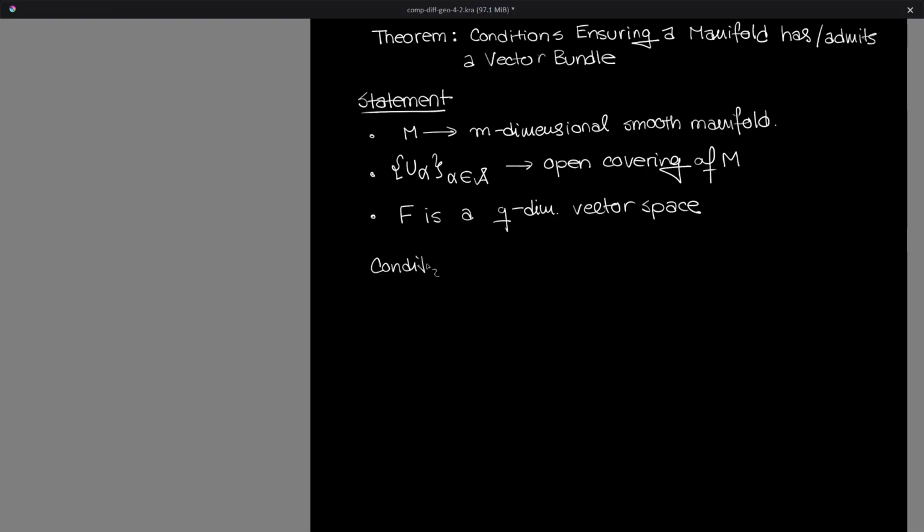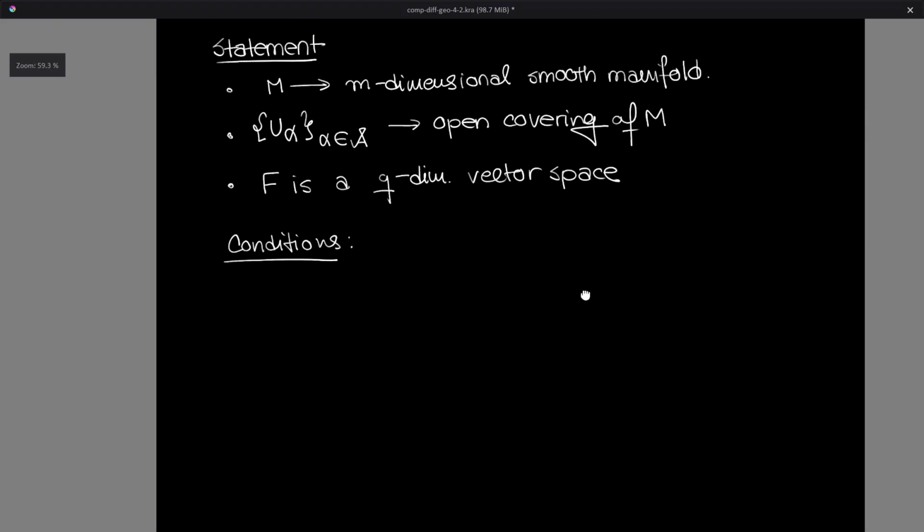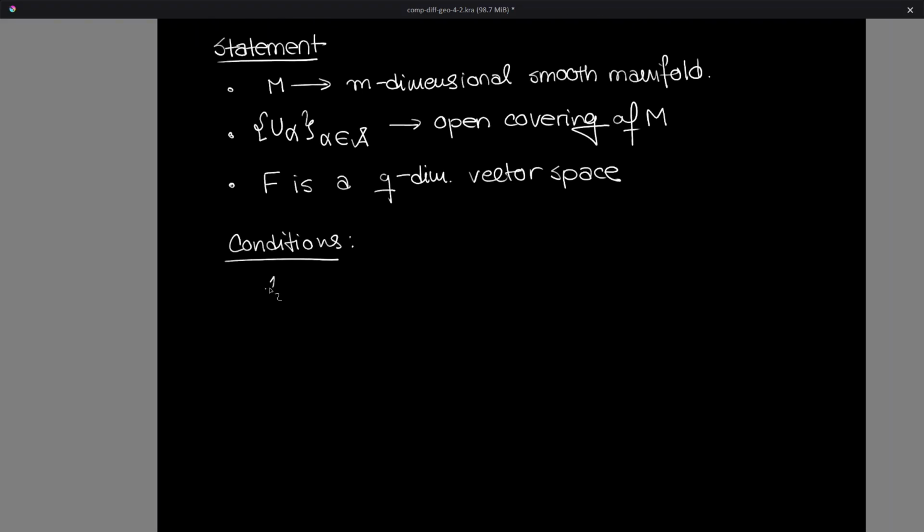So now let's look at the conditions. One. First of all, alpha and beta are both elements of this index set A, such that U alpha intersect with U beta is not empty, meaning that U alpha and U beta intersect with each other.